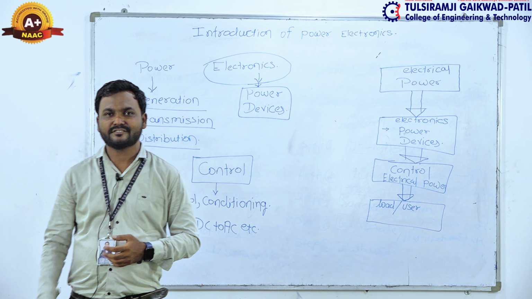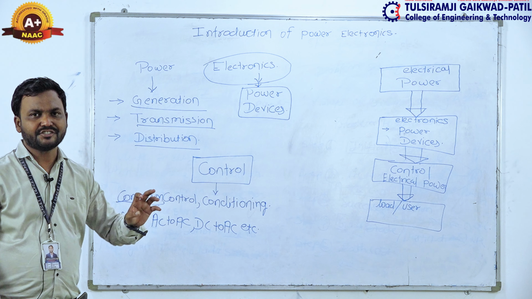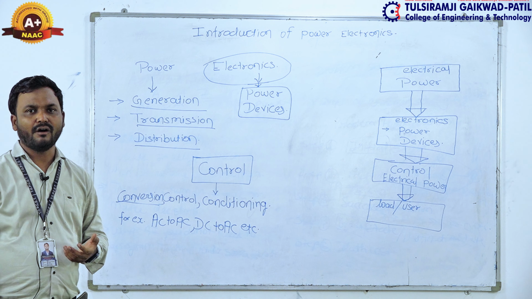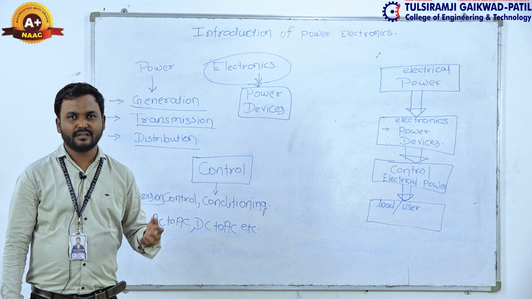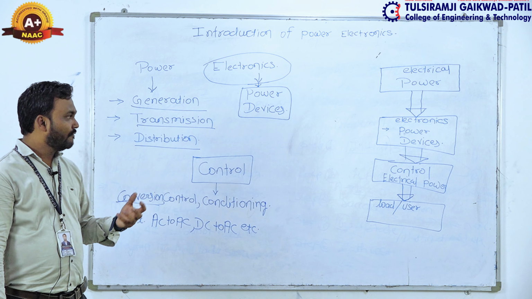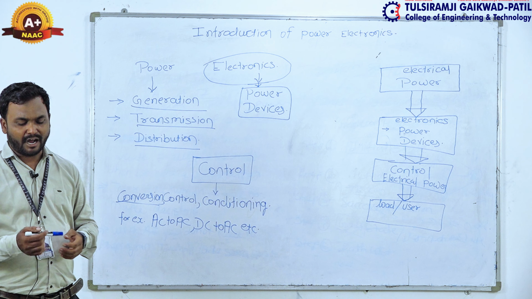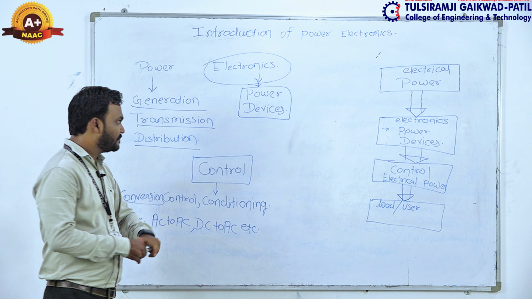Basically, the power electronics subject is useful for conversion, controlling or conditioning of electrical power. So in power electronics, we have to study how we can control this power and how we can convert this power with the help of power devices.